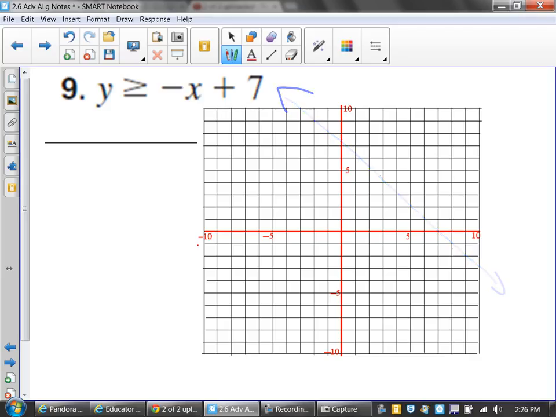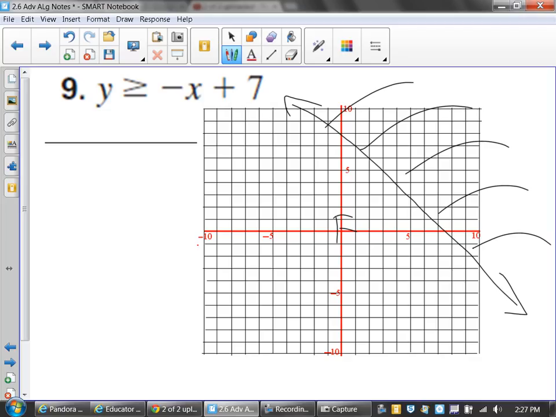No. So in this case, it was false there, so I have to shade above. That's a good example of when it happens to be false at 0, 0. All right? Not so scary?